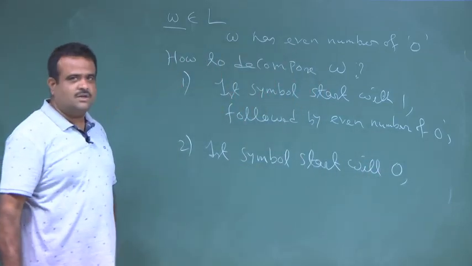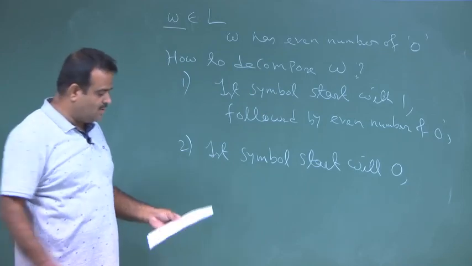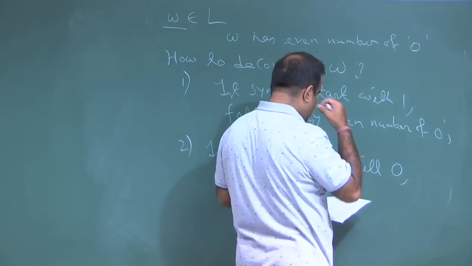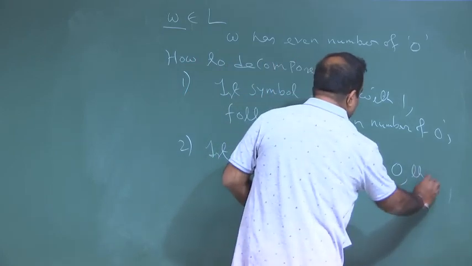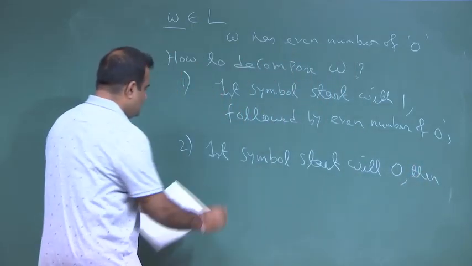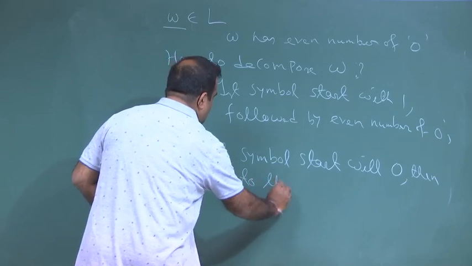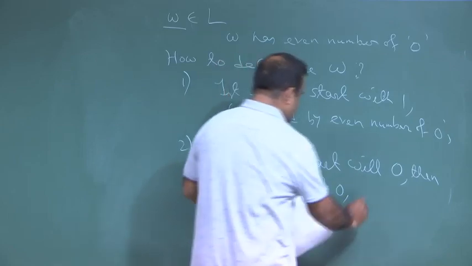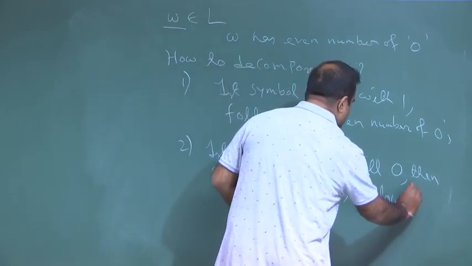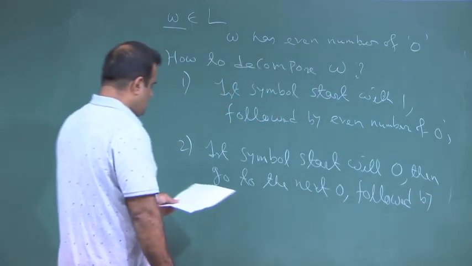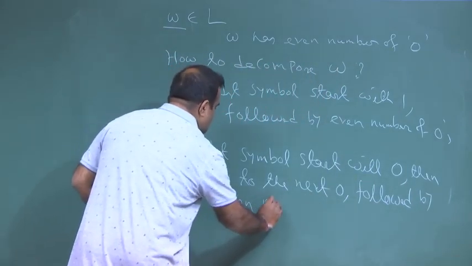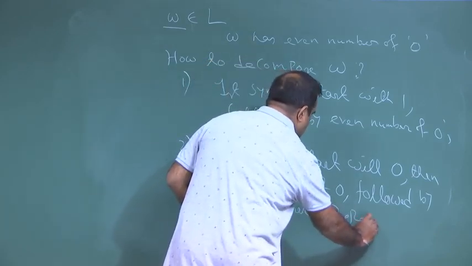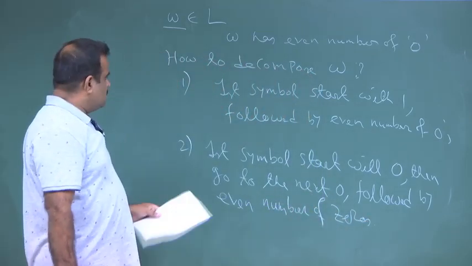Since we already have one 0, the remaining will have an odd number of zeros: 0, then go to the next 0, followed by an even number of zeros. Even number of zeros. Okay.